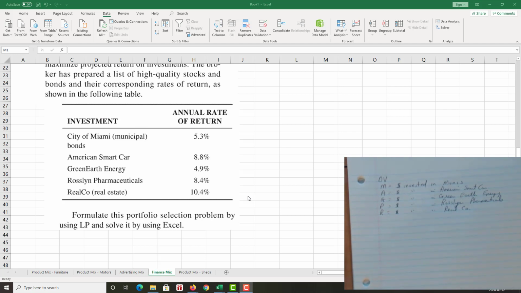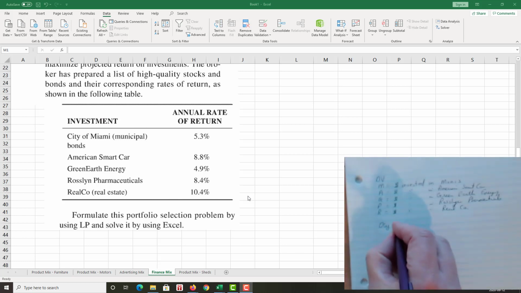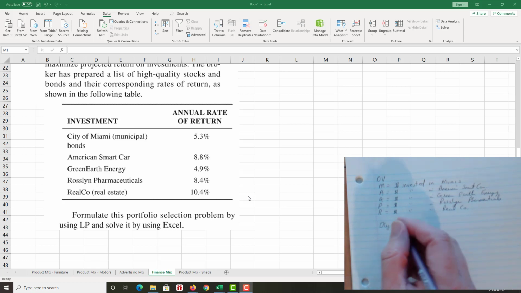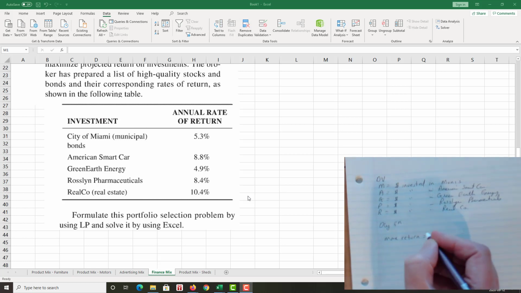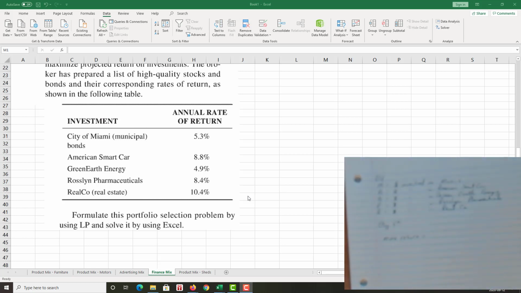We have 5 financial instruments that we're picking amongst. Okay, next step is our objective function, right? And we see we want to maximize return. So max the return. How do I calculate that return? Well, now I have rates of return: 5.3%, 8.8%, 4.9%, so on.